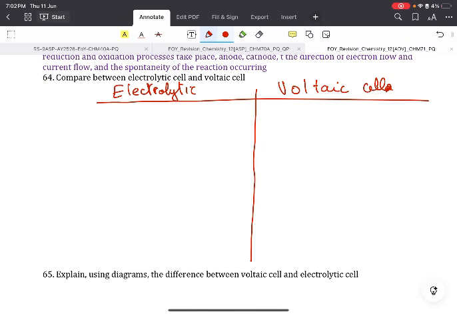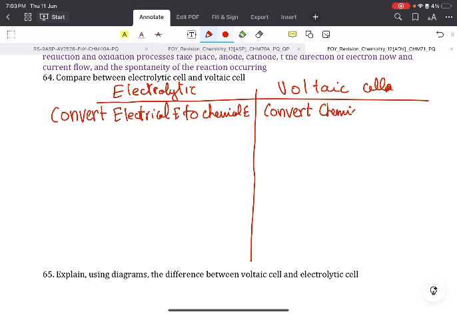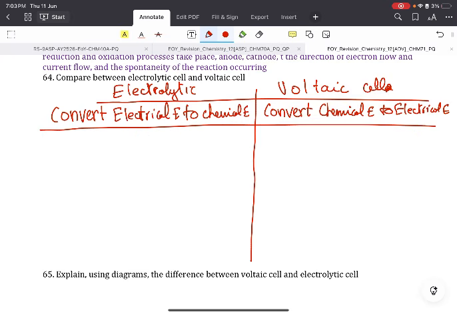Electrolytic cell starts with electrolysis, electric. So it converts electrical energy to chemical energy. Voltaic is the opposite. It converts chemical energy to electrical energy. That's one.